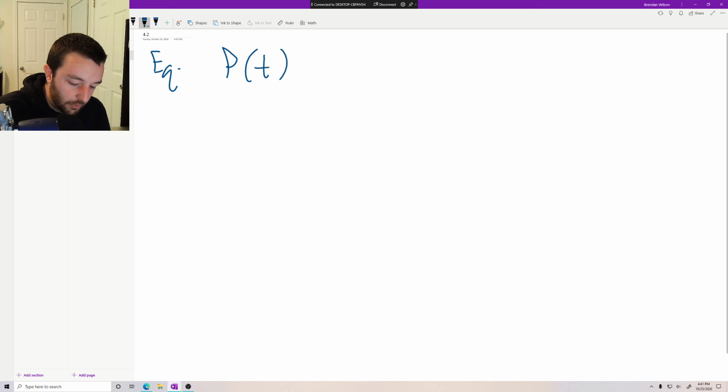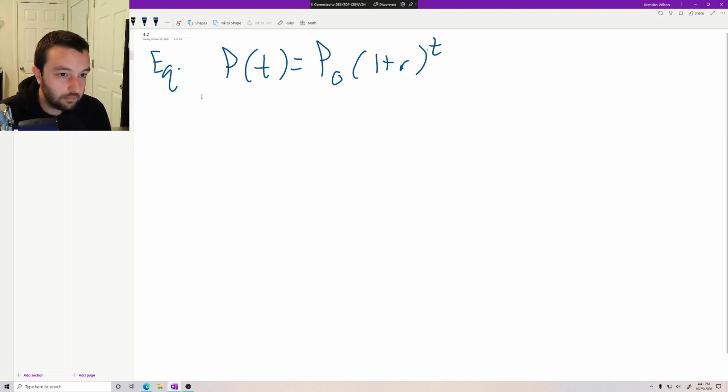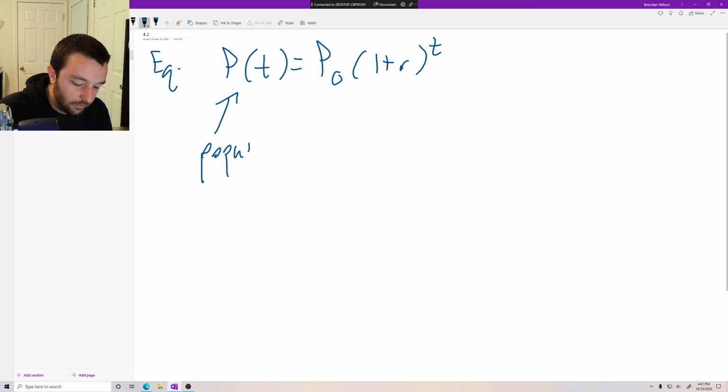The equation for this one is P of t is equal to P of 0 times 1 plus r to the t. So again, P of t is our population at time t. P of 0 is the initial population.